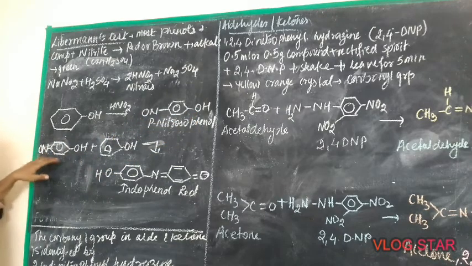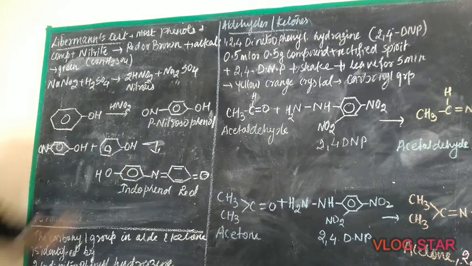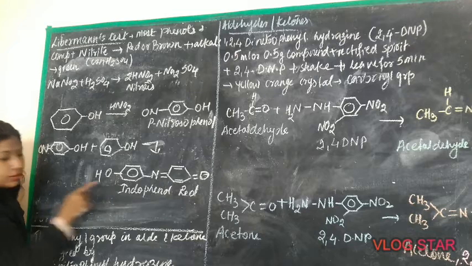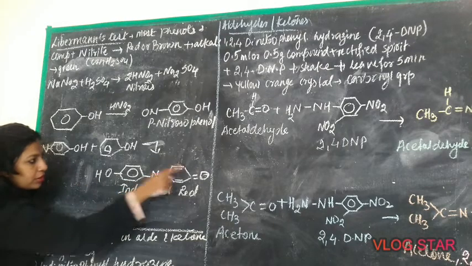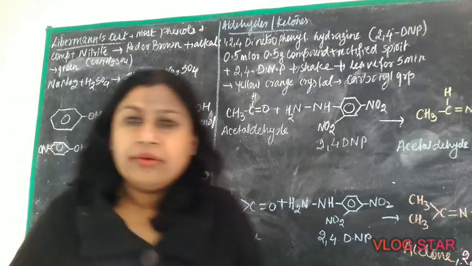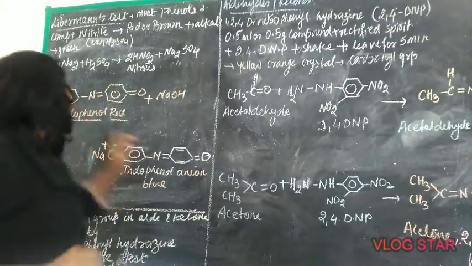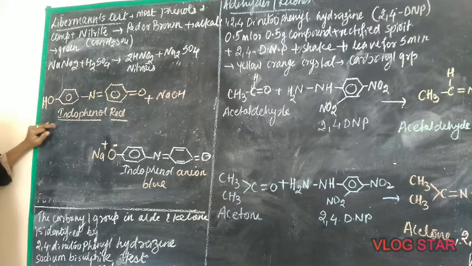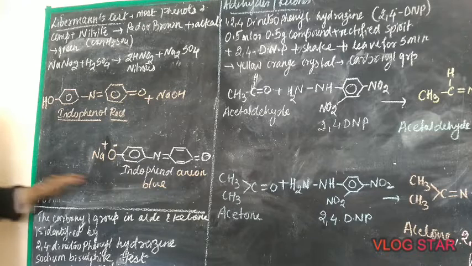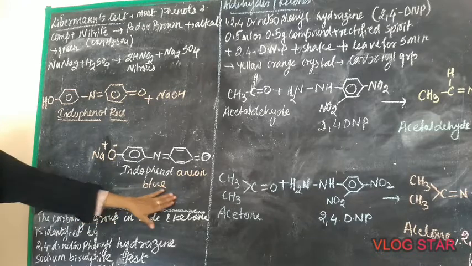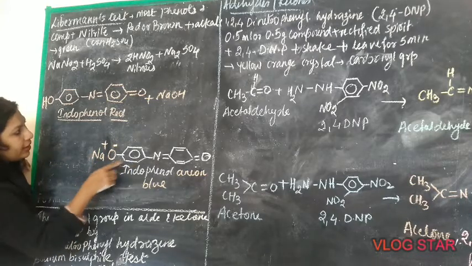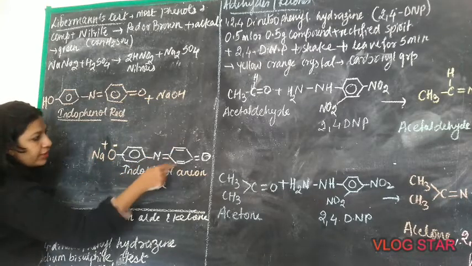Now this para-nitrosophenol reacts with one more phenol, forming a compound with the aromatic ring, OH, N double bond, ring, and double bond O. This is known as indophenol red. Now, when indophenol red reacts with a strong alkali, NaOH, it gives indophenol blue, the anion: Na positive, O negative, the aromatic ring, N double bond, ring, double bond O.